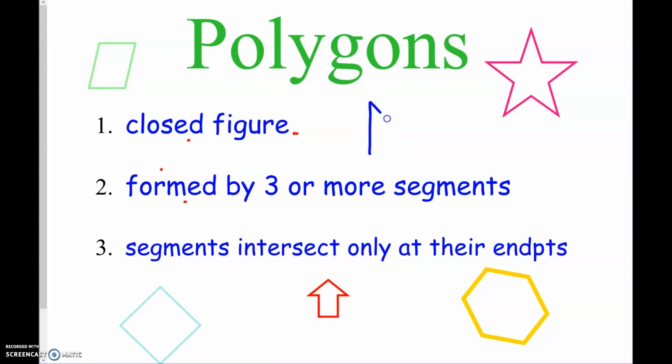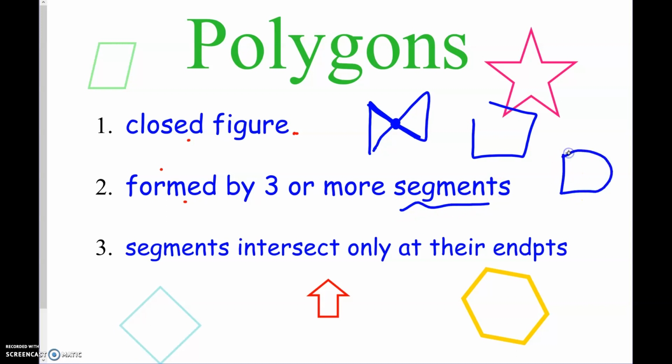So something like this is not considered a polygon because this is the midpoint of this segment and they can only meet at endpoints. It has to be closed. So we cannot have this space in here. It has to be closed, and you cannot have fewer than 3 segments. Okay, and it has to be segments. So something like this is not considered a polygon because this part over here is not a segment.